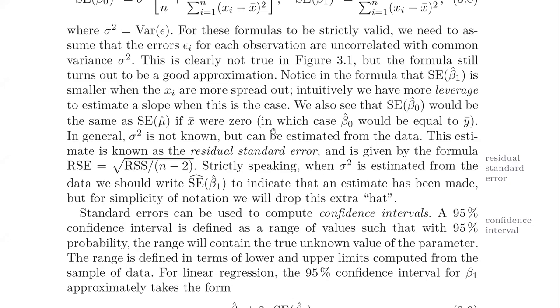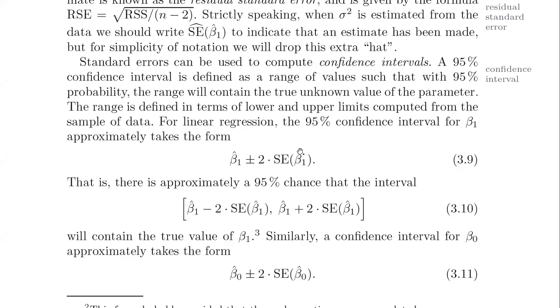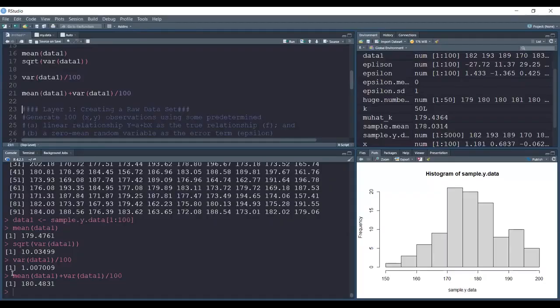What do I mean? So for example, for beta 1 hat, you get a 95% confidence interval by multiplying the standard error by 2, and then adding and subtracting from your estimate. Probably need to do something over here as well. You can only create these confidence intervals if you say, okay, with 95% certainty or with 80% certainty, how wide is the confidence interval?